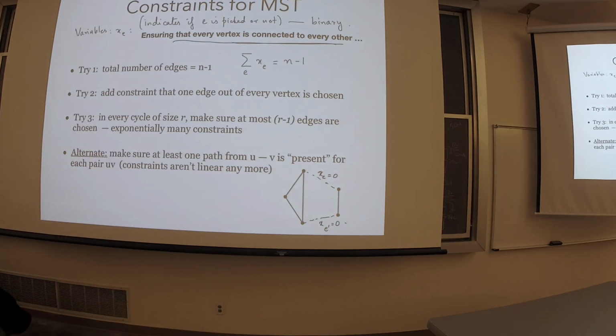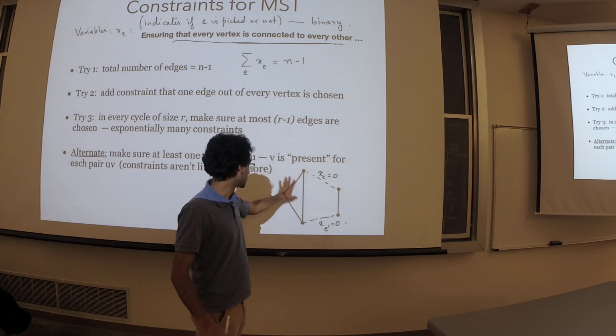So now this clearly satisfies the first constraint, but this is not a valid solution to our problem because we haven't connected every vertex to every other vertex. Like this one is not connected to any of these.